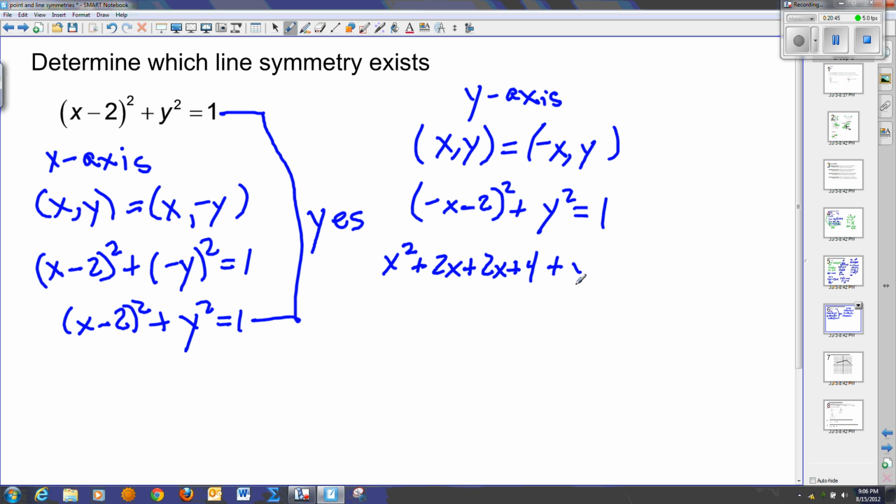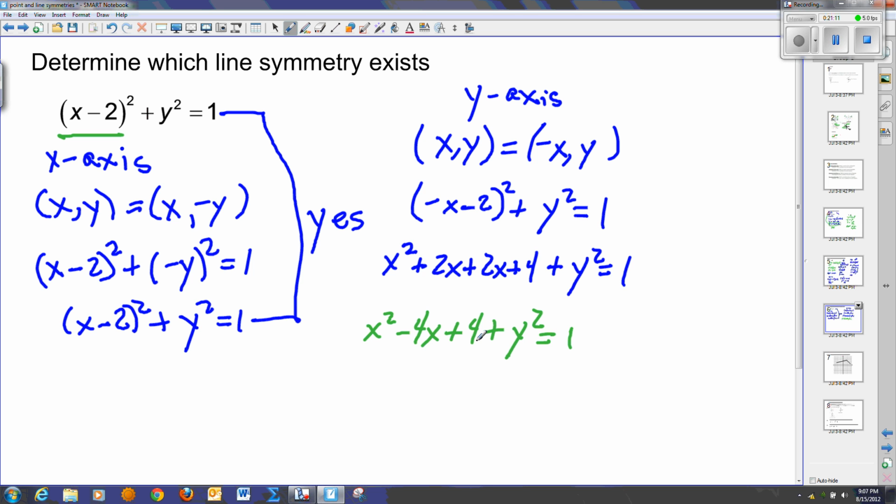Plus y squared. So now I'm going to expand x minus 2 quantity squared. If I do that, I get x squared minus 4x plus 4 plus y squared would equal 1.